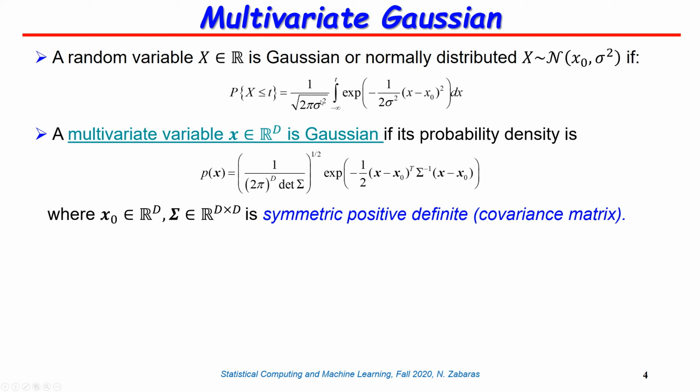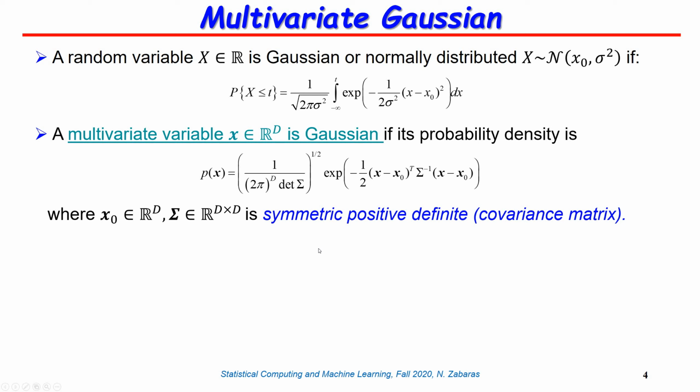Similarly, the sigma squared here has now become the determinant of the covariance matrix. And I remind you that the covariance matrix is symmetric, semi-positive definite. In most cases we will consider, it will be positive definite, as it is listed here.